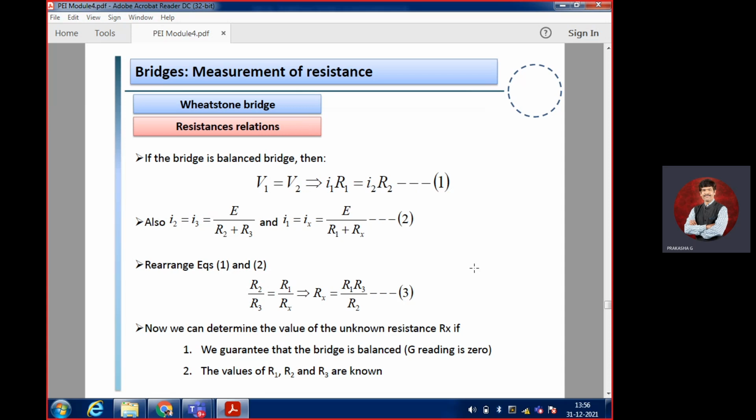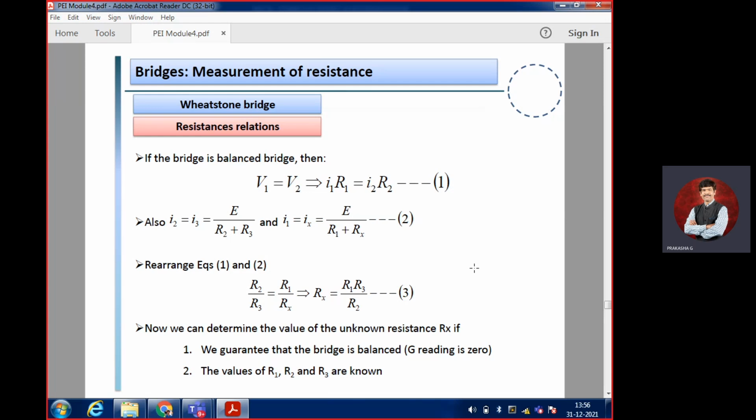We guarantee that the bridge is balanced. The values R1, R2 and R3 are known. Once we know them, we can easily find Rx. So voltage V1 is equal to V2, which gives I1 R1 equals I2 R2. When you are supplying the voltage, V1 and V2 are the same voltage itself.